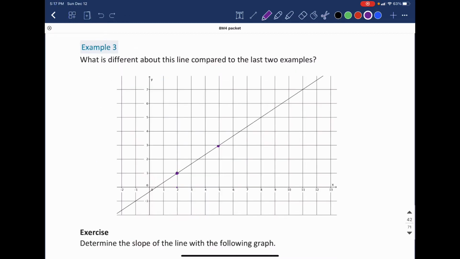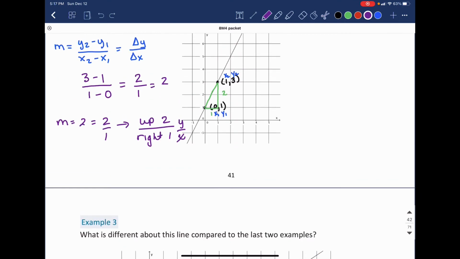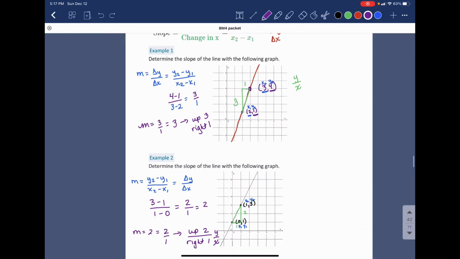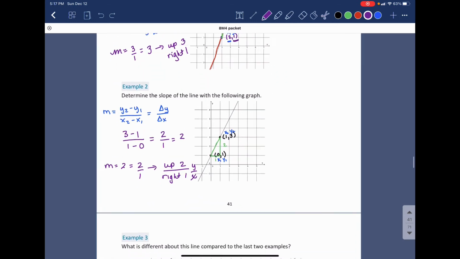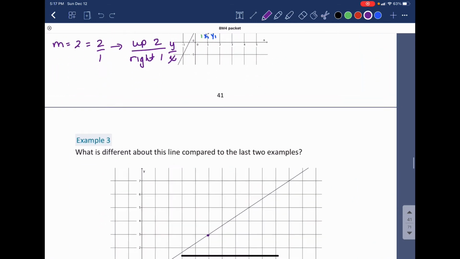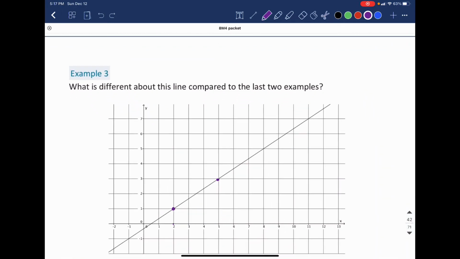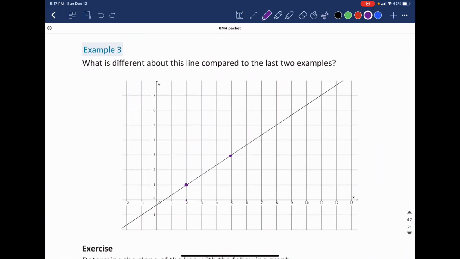Example 3. What is different about this line compared to the last 2 examples? Well, it looks like a line. It's going up, so it's positive. Those are what the other 2 were. This one looks much shallower of a slope, so not as large of a slope. Let's take a look at the slope. Let's figure it out.